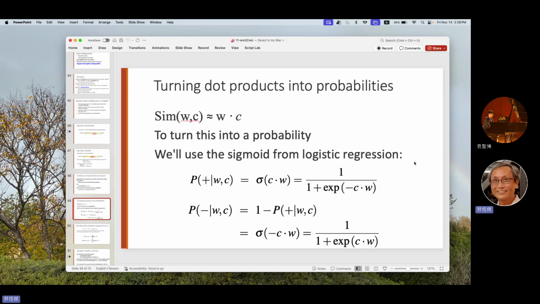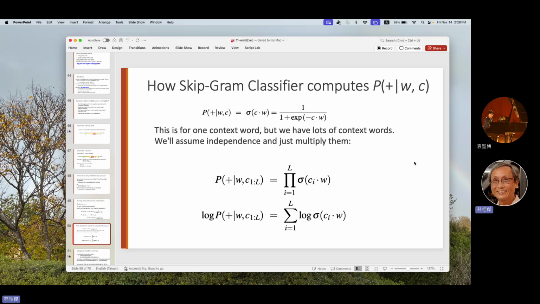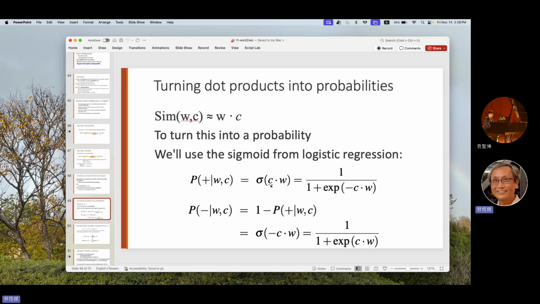Then I define the probability for something to be close to something using the sigmoid. Having this product value, it should be something like a sigmoid distribution, and you can use this as the result for the positive. And for the negative, it is basically 1 minus that.